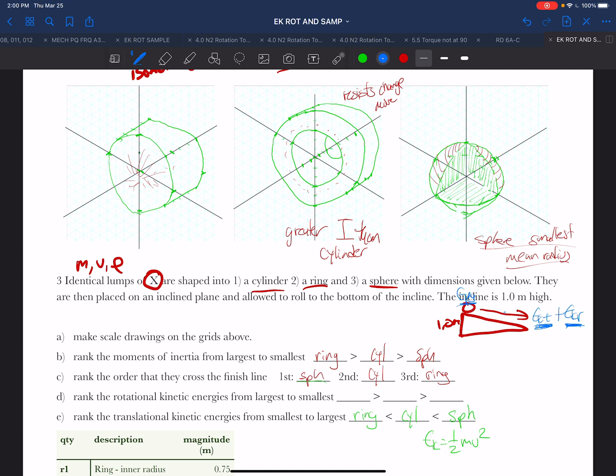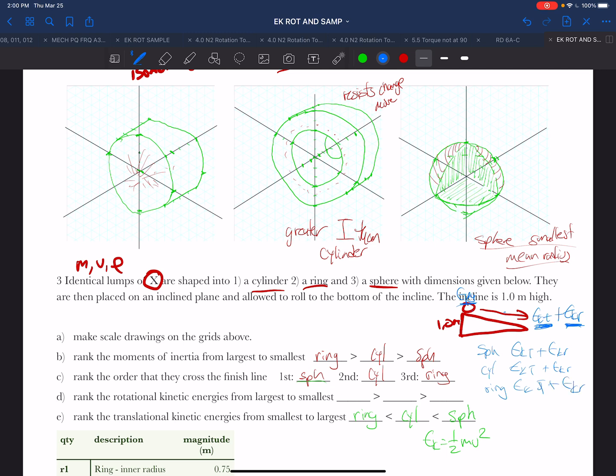So for the sphere, EK translational plus EK rotational must be equal to the cylinder's EK translational plus the EK rotational, and the ring's EK translational plus EK rotational.